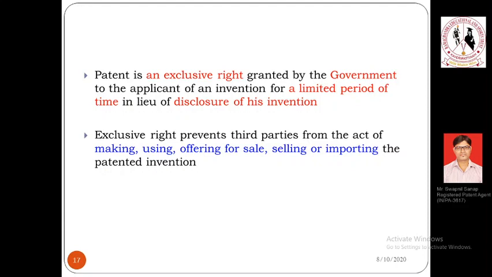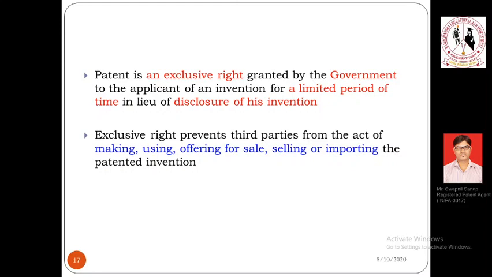Similarly, the exclusive rights that are given by the government to patents are those rights which allow the owner of a patent to make, use, offer for sale, and import his own creation, his own patent.